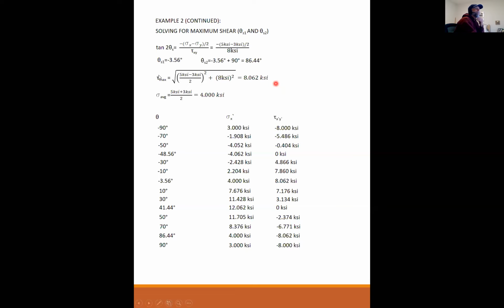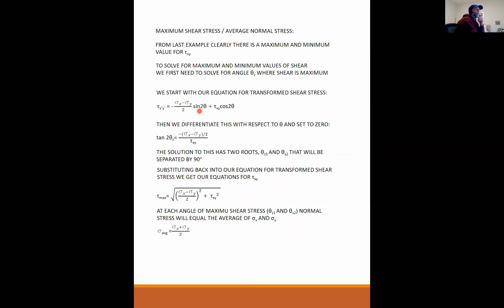Yeah. Well, that's interesting. Let me back up a little bit. This is the equation here for tau x prime y prime. So if you put in minus 3, you get the positive 8. If you put in the 86, you get minus. I think it works in here. So if you plug in these two values, you'll get positive 8.062 and negative 8.062.